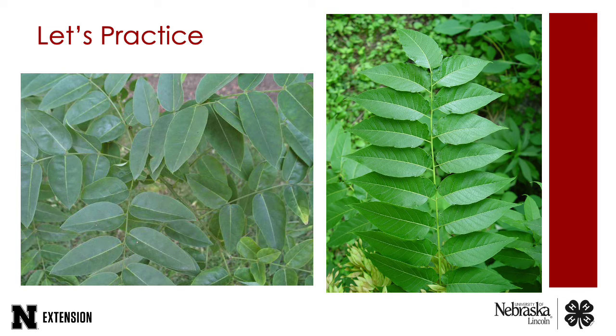Okay, so let's say someone brings you something that looks like this. How are you going to determine whether this is a compound leaf or a simple leaf? Is this one leaf right here, or is this whole thing one leaf? The same goes for the picture over here.